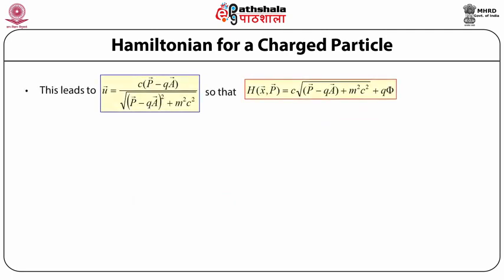This leads to u equals c (P minus qA) divided by under root of (P minus qA) whole square plus m square c square, so that H(x, P) equals c under root of (P minus qA) whole square plus m square c square, plus q phi.